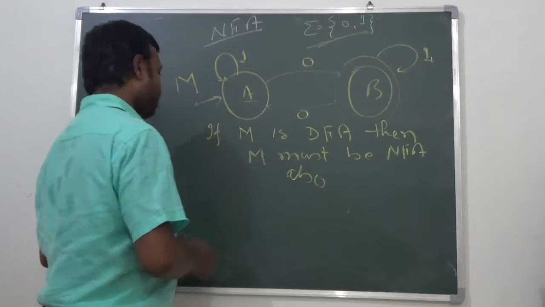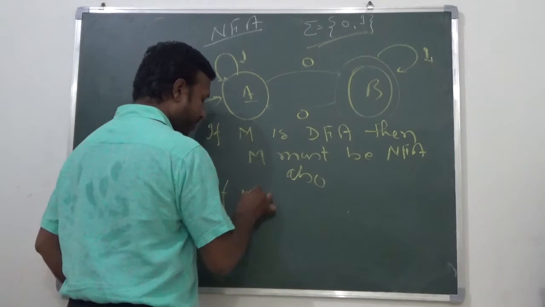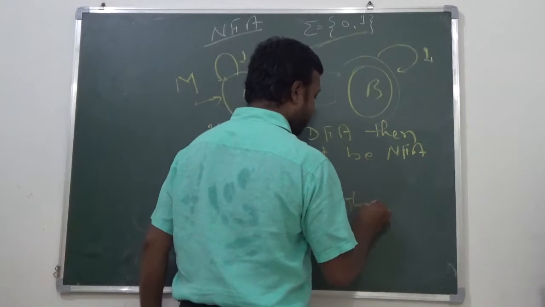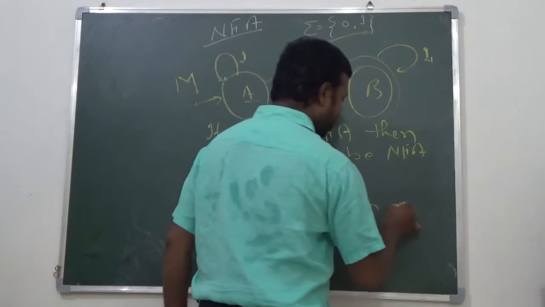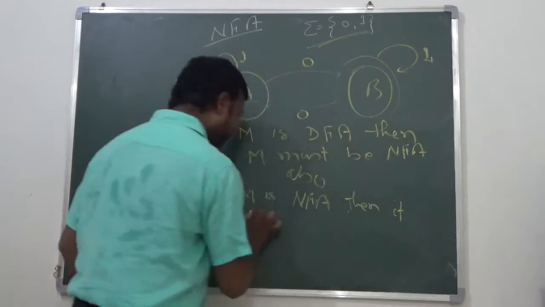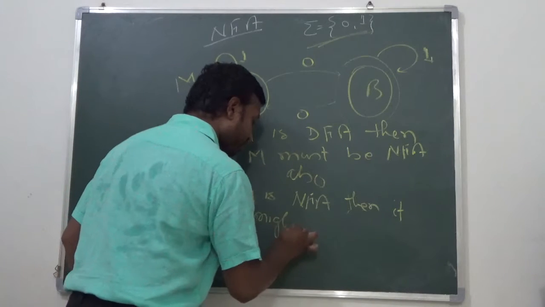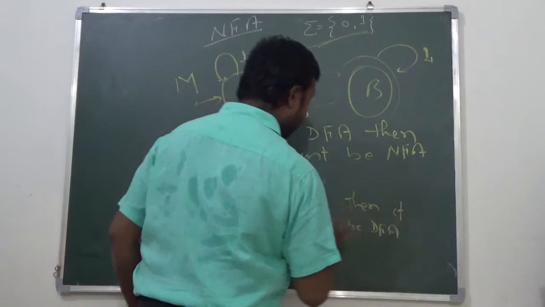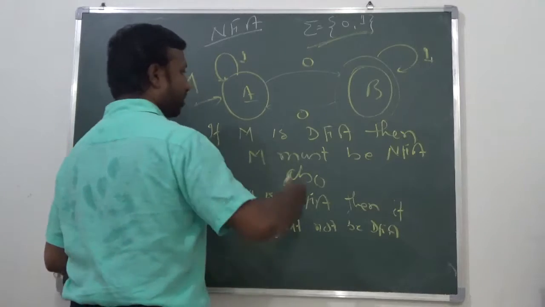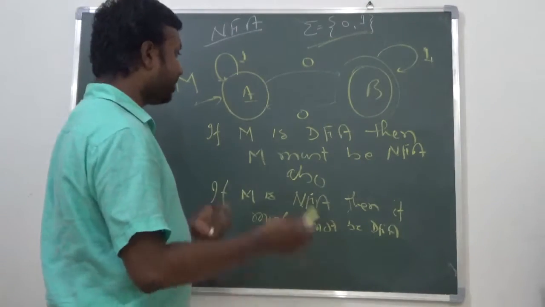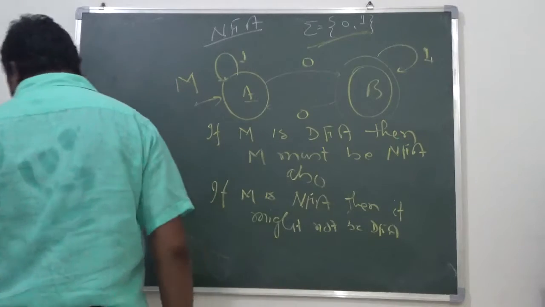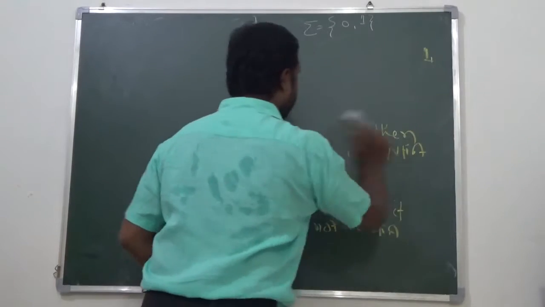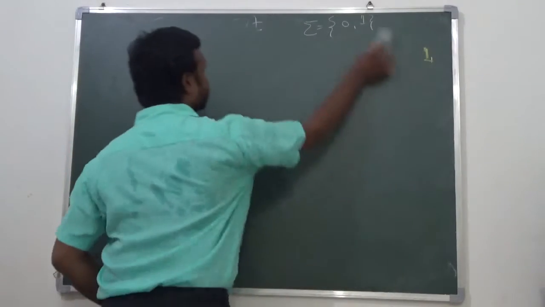But if M is an NFA, it might not be a DFA. So if it is DFA, then it is certainly an NFA. Okay, so let us see some basic examples of NFA.